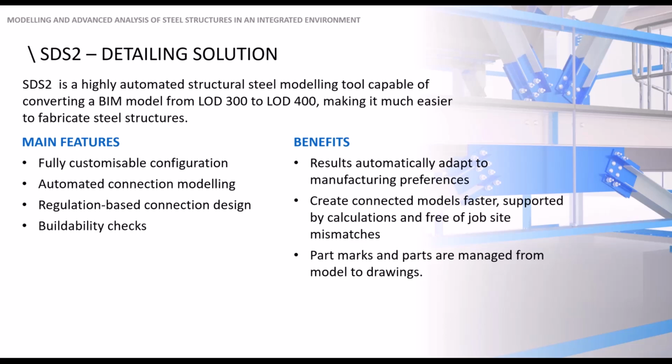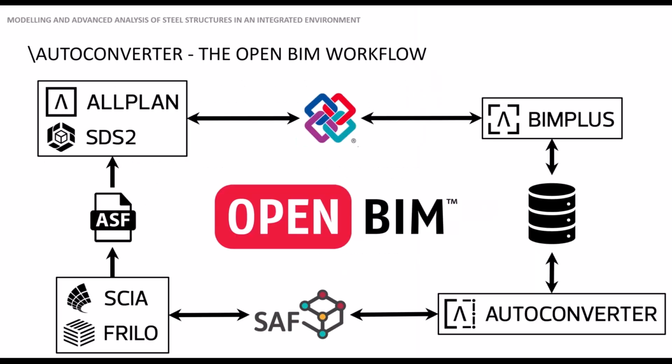The results are automatically adapted to the manufacturing preferences. As you can see on top, it is a tool capable of converting a beam model from LOD 300 to LOD 400, making your life much easier to fabricate steel structures, create connections faster, and also manage part marks and go from model to drawings.